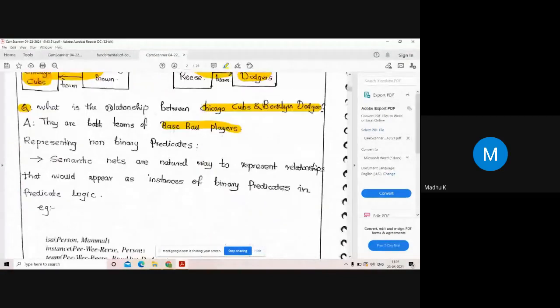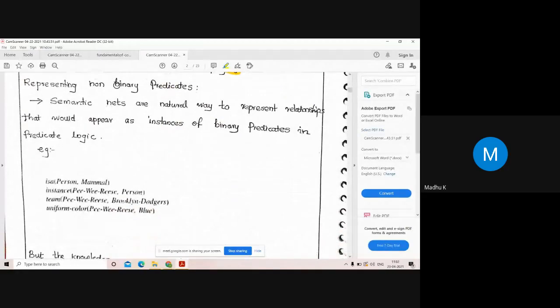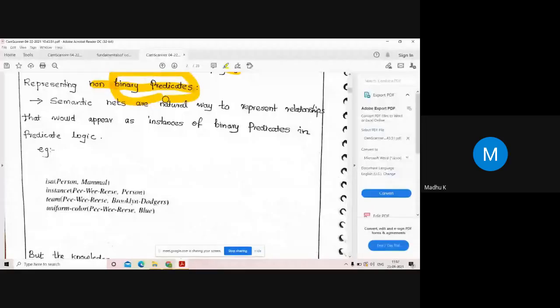Now next we are going to discuss representing non-binary predicates. So what is a binary predicate? In the predicate representation we discussed, usually it will take this form.